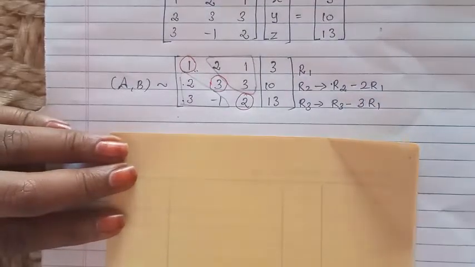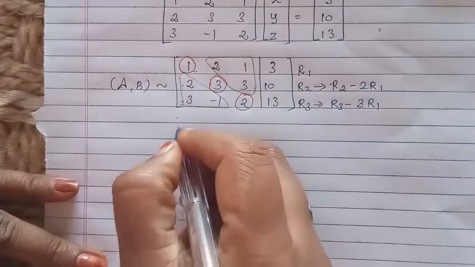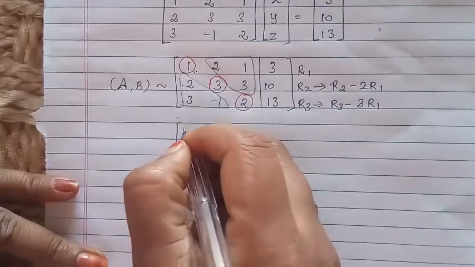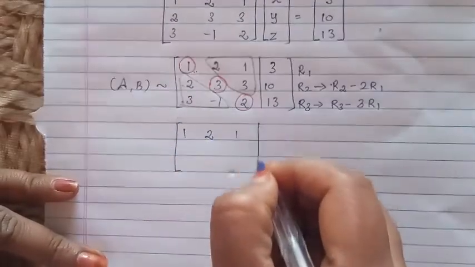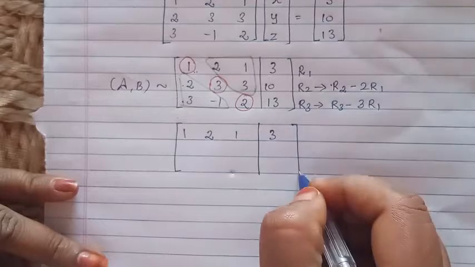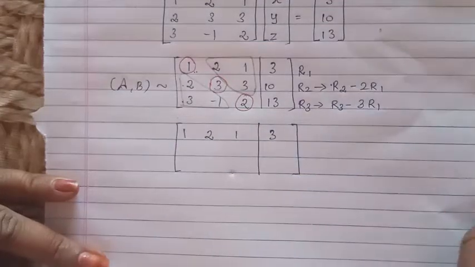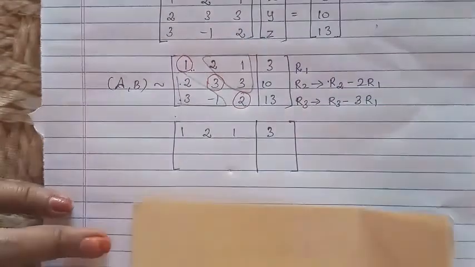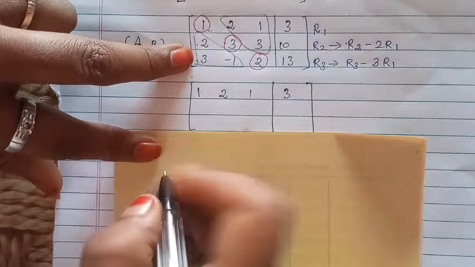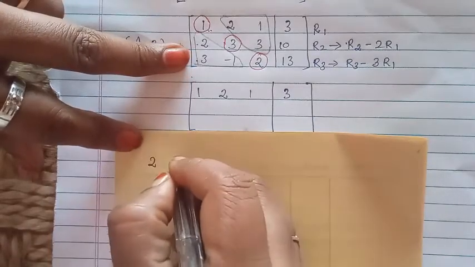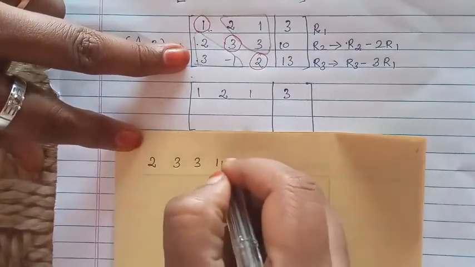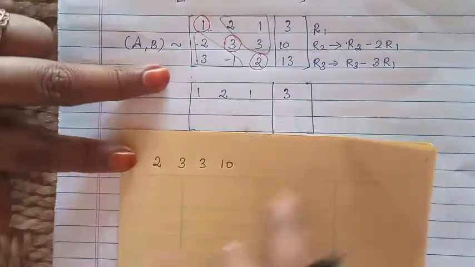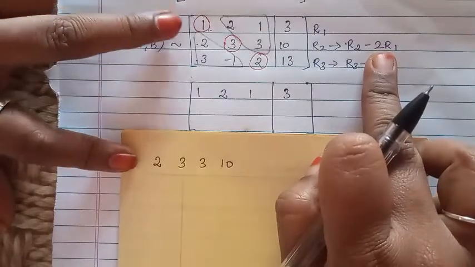Since there is no change in row 1, we shall write it as it is: 1, 2, 1 and 3. And we are going to reduce only row 2 and row 3. So row 2, the elements are 2, 3, 3 and 10. Then you have to multiply the first row with 2.